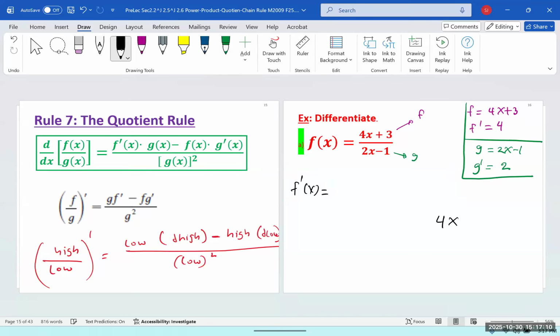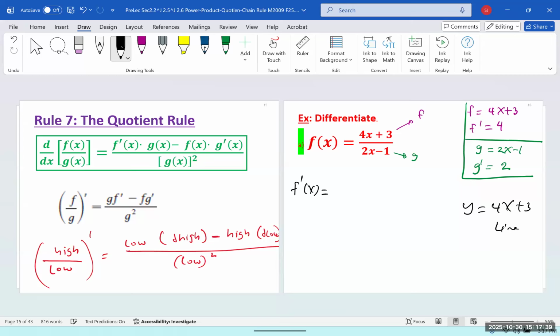So we have 4x. If you want to use the power rule, what's the power on the x? 1. What's the power rule? Power comes down, power minus 1. So you have 4 times 1, 4, x to the 0. What is x to the 0? 1. Or you can use the slope concept. We have y equals 4x plus 3.